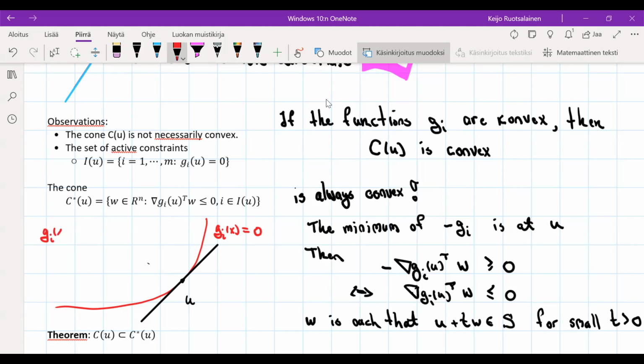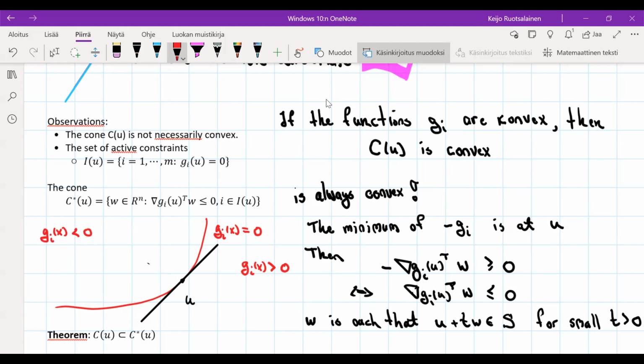Gi x is here negative, and here gi x is positive. So on the one side of the tangent line, the function's values are positive, so they are increasing, and on the other side they are decreasing.